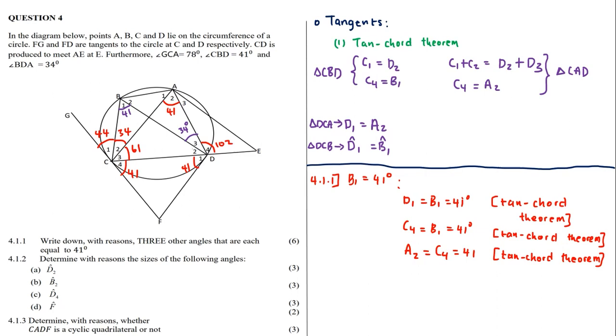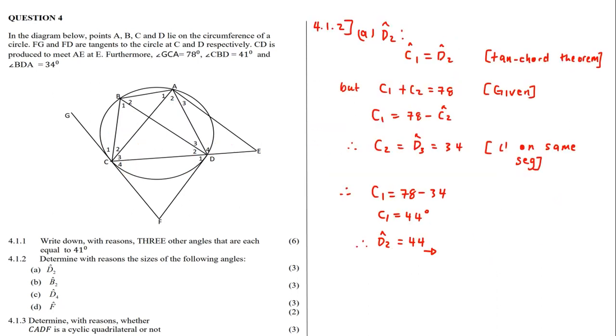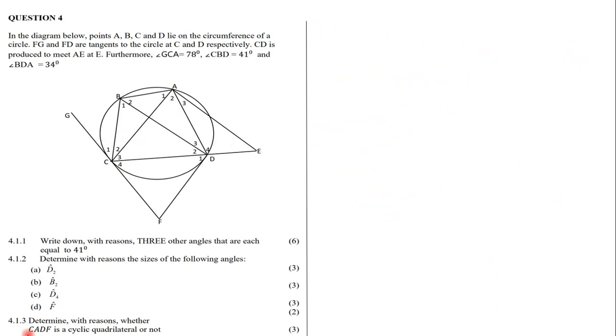So what's the next question? The next question says let's calculate the angle for F, right? So we're going to be looking for angle F. Now angle F here, I can see that I have D1 plus C4 plus F, which sum up to 180.